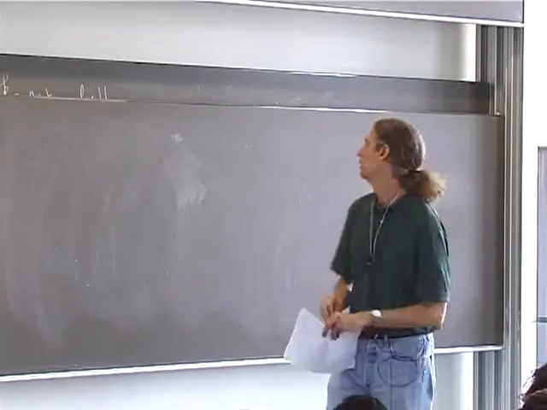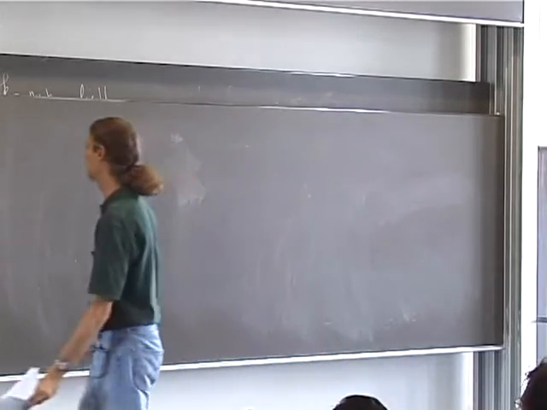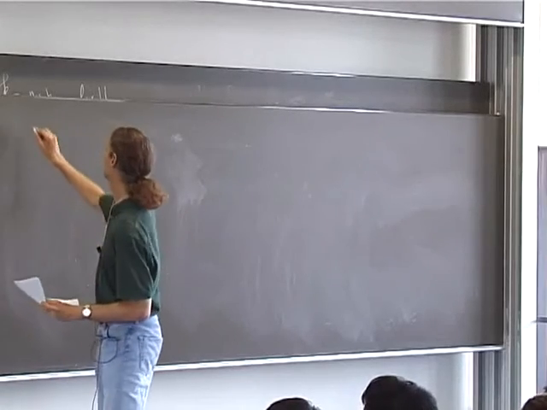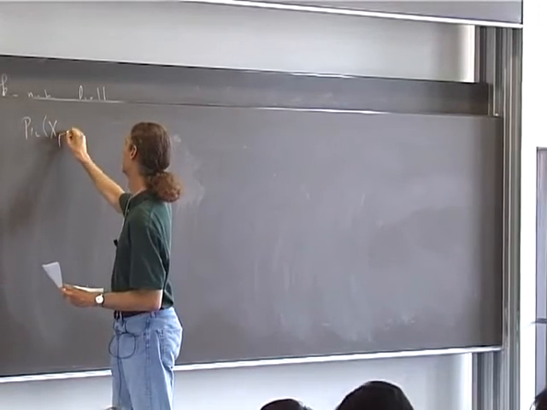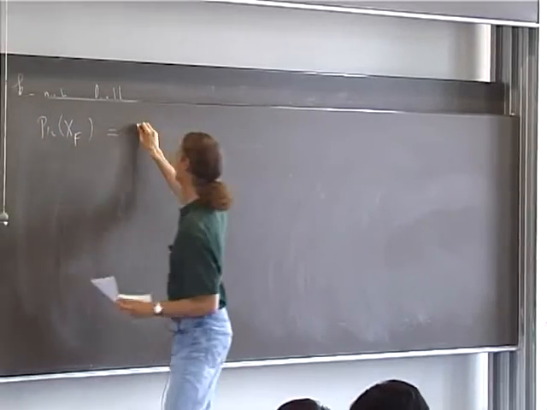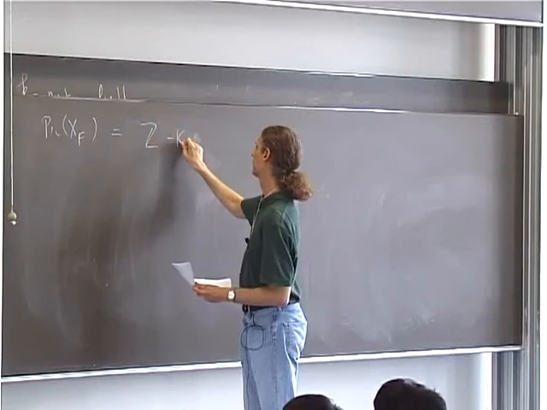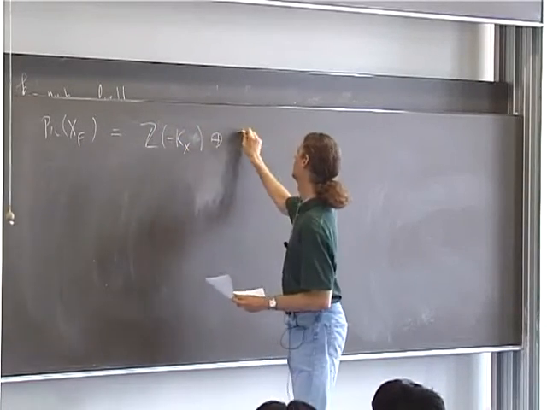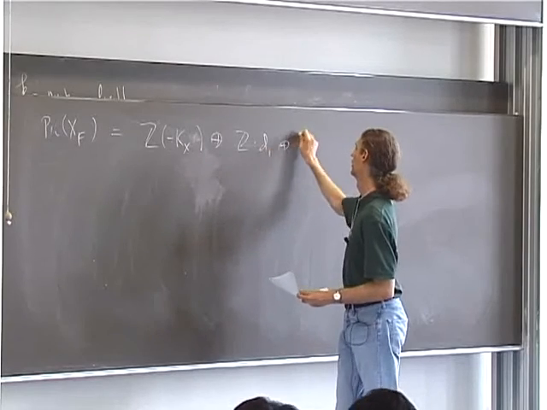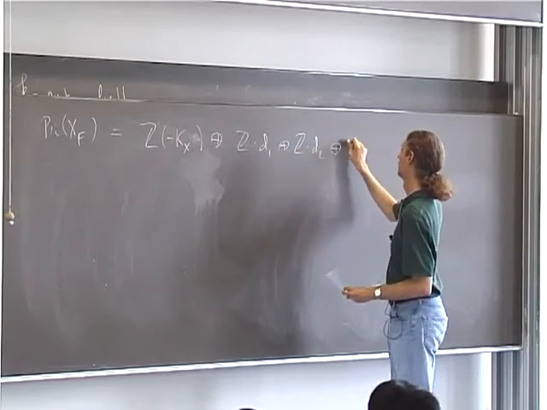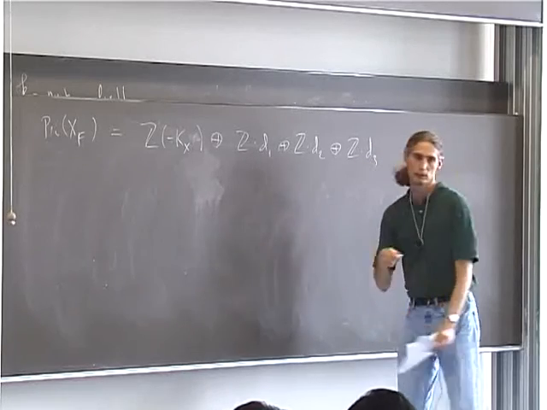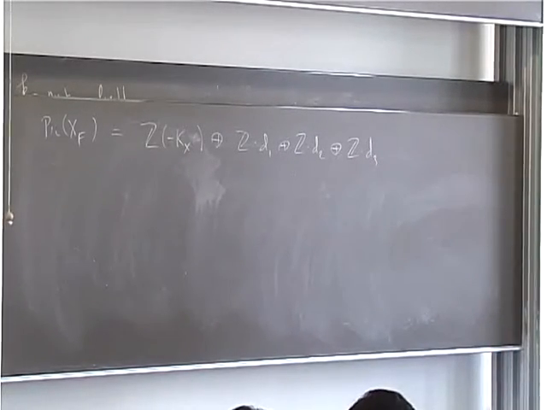Just to tell you, I said this was 3 copies of Z mod 2. So this module here, the Picard group, in this case, we have minus the canonical class, so it's rank 4 in this case.